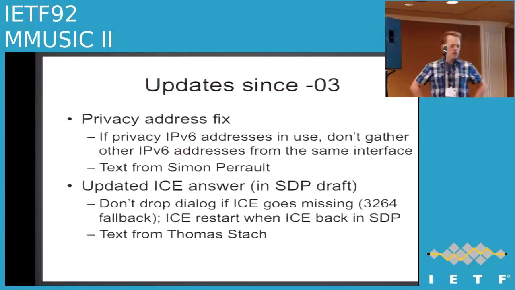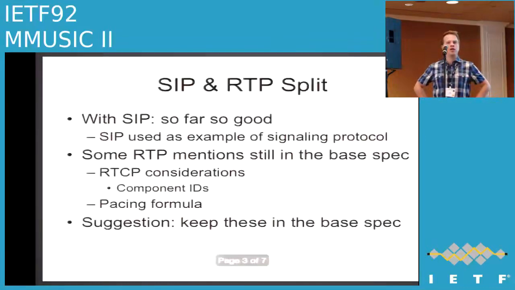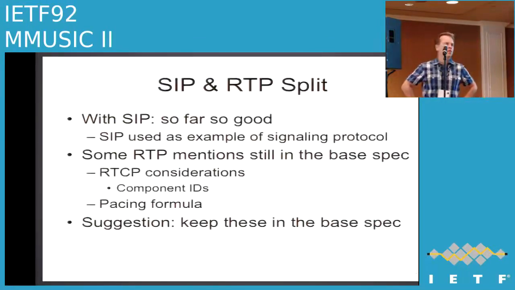Next slide, please. One small issue that I've been struggling with while doing the edits on the ICE-BIS draft is that there is still some RTP text. With splitting the SIP away, it went pretty well. Now SIP is used as an example of a signaling protocol that you may do things with. However, there is some RTP-specific text, for example, when it comes to component IDs, because as we discussed in the last meeting, the RTCP issue is probably the only one where you actually even need the multiple component IDs.